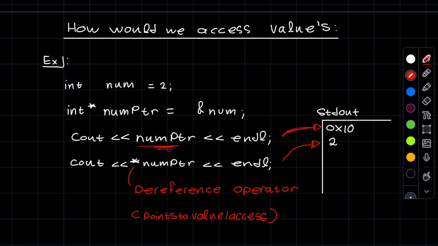If we go down one more step, we see it cout, this time with the asterisk again. The asterisk has two meanings. It means it's a pointer as well as a dereference operator. It just depends on the context. In this context, we're dereferencing it, meaning we're dimming down the level of indirection.